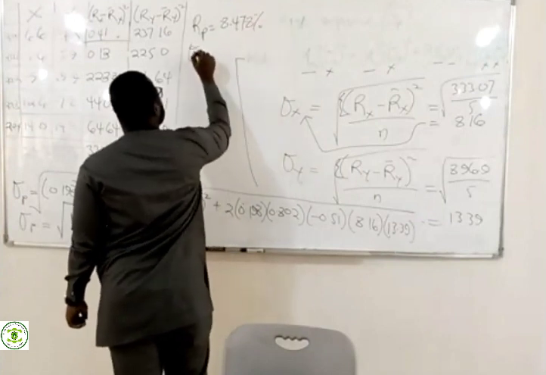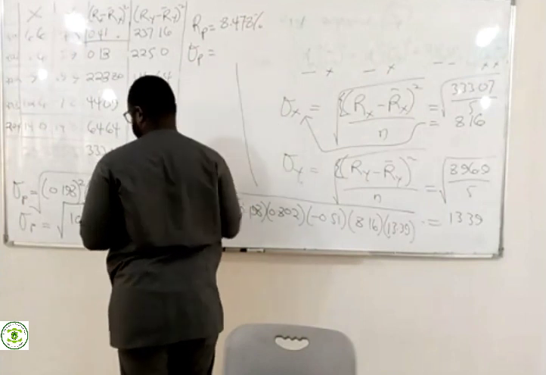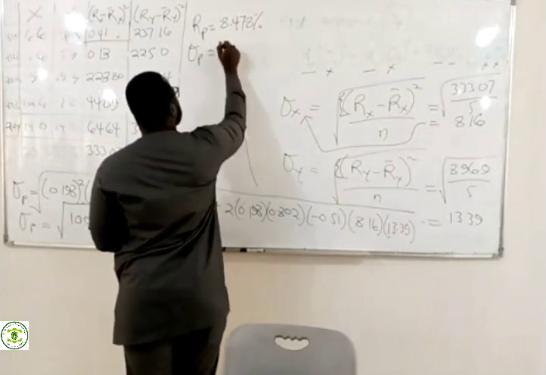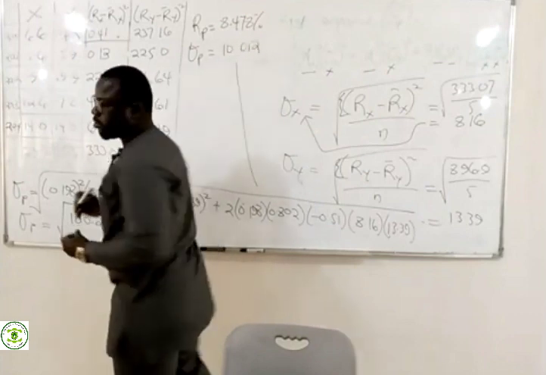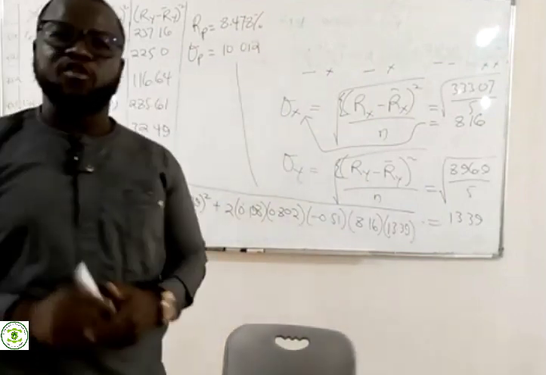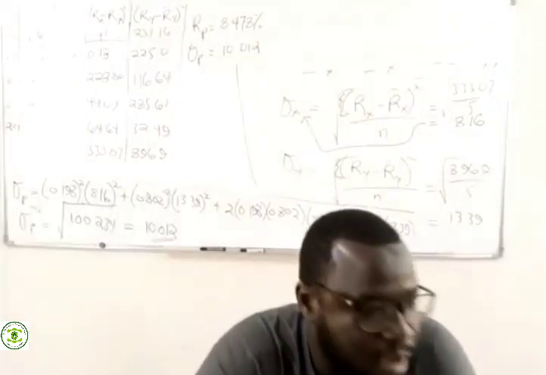And then the overall risk exposure is what? 10.012. Anything apart from this is zero. Any question?